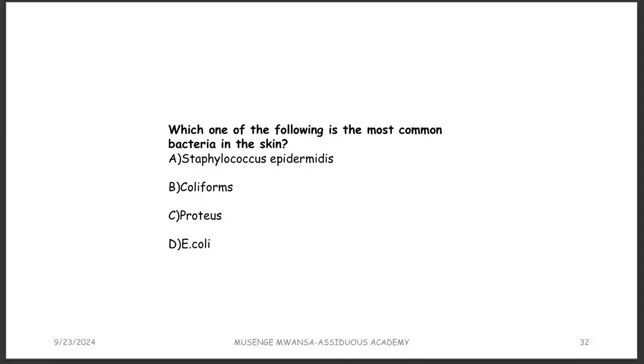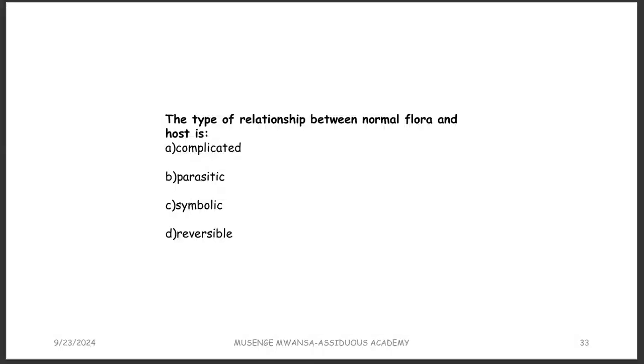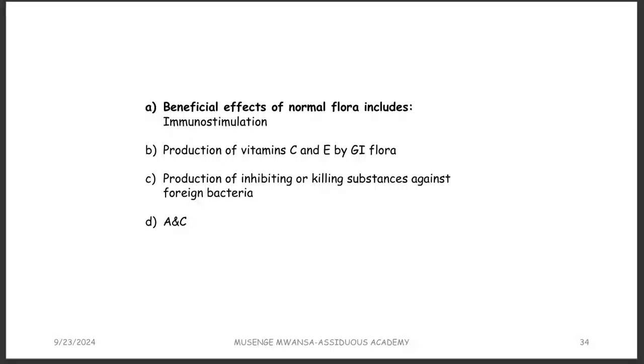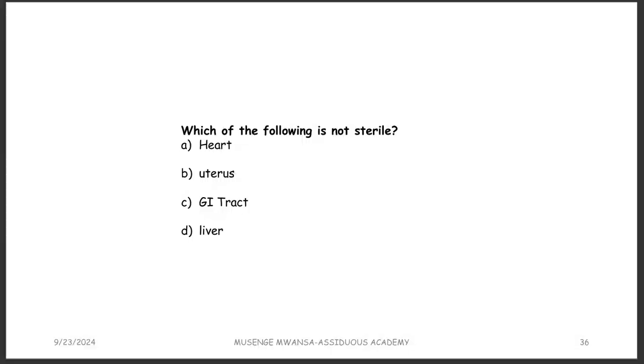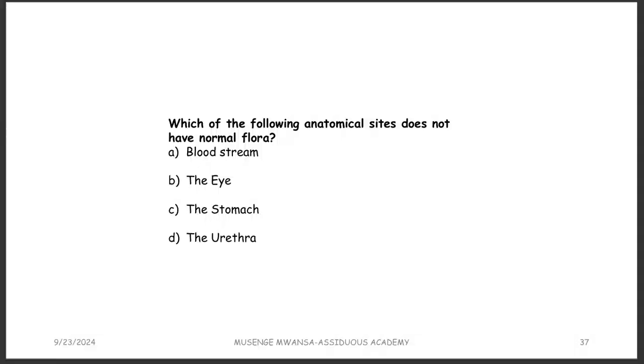So you can look at these questions. Which of the following is the most common bacteria in the skin? Type of relationship between normal flora and host is. Beneficial effects of normal flora include. Which one of the following is sterile? Which of the following is not sterile? These are all exam questions. Which of the following anatomical site does not have normal flora?